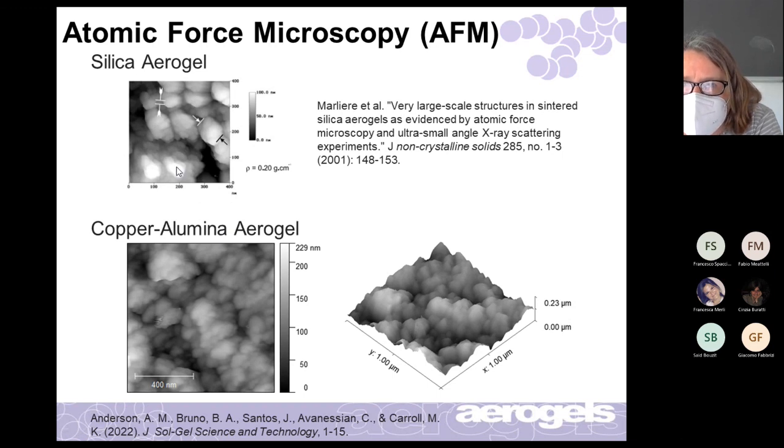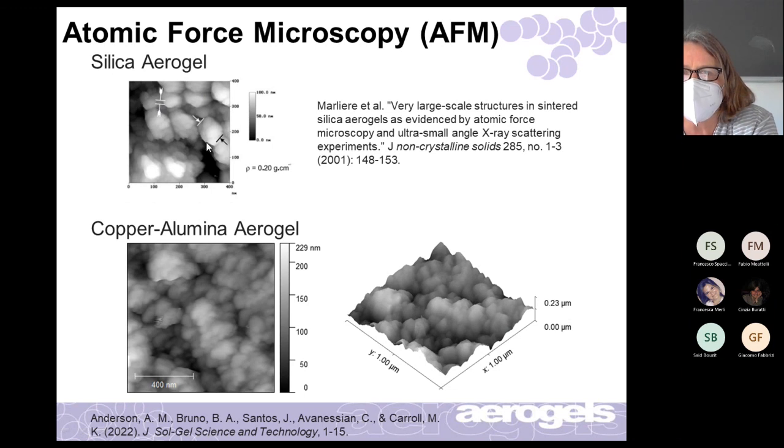So you get what I call a 3D image, and you get some depth information from that. You start to see some pores here, and you can see the size, which looks to be about 100 nanometers. This is that colloidal silica, the group of silica atoms that joins. It's a nice image to see that.